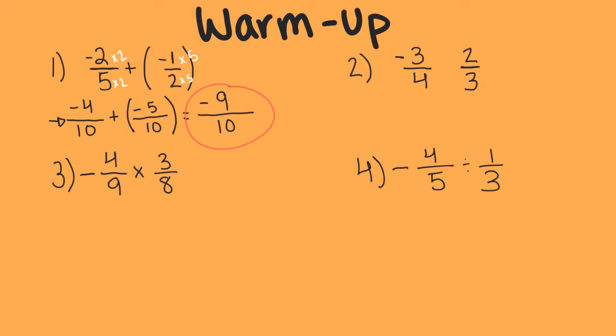Now you're probably thinking, but Miss White, you can't erase the minus sign. What are you doing? Well, we can erase our minus sign and use it for our numerator for 2. And then we add. So instead of subtracting, we're adding our negative.